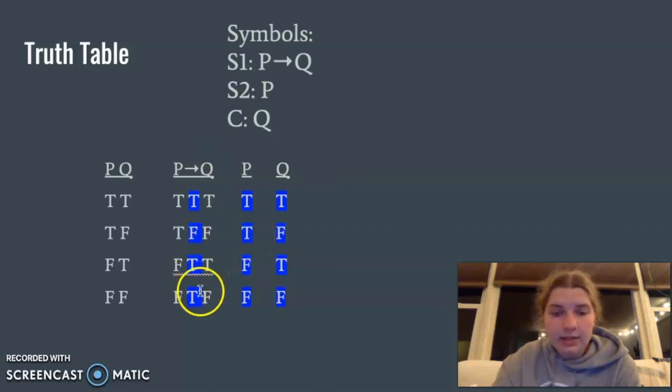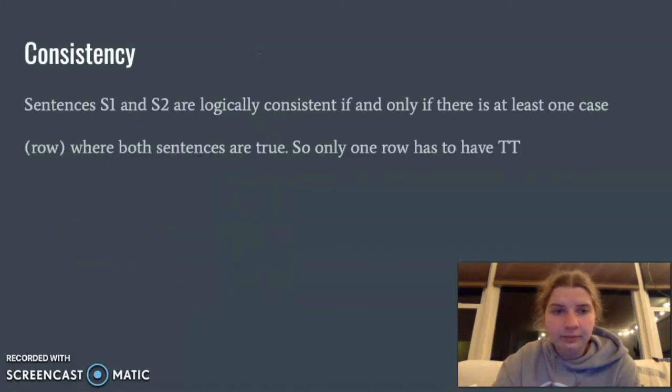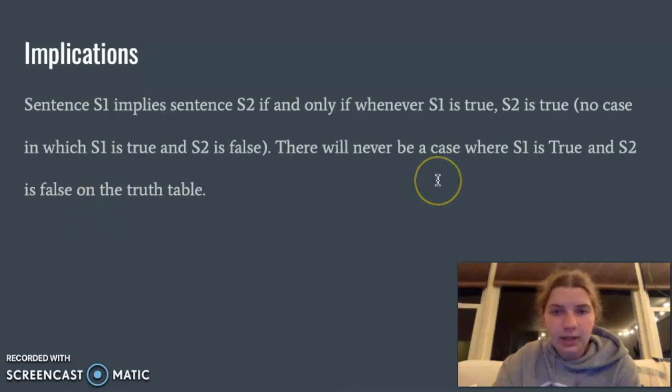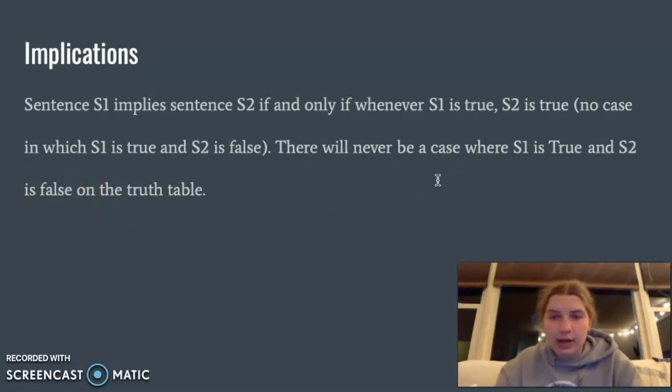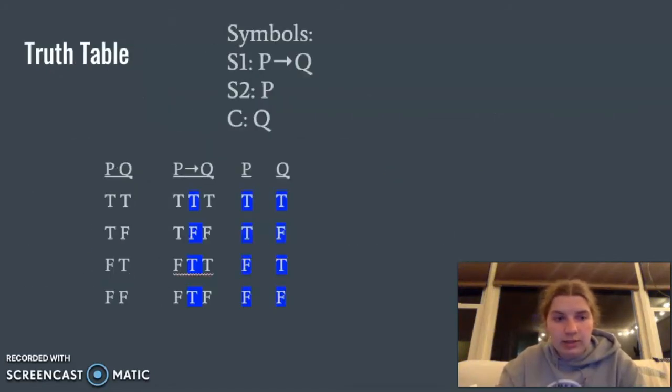But then we run into the issue where T and F. Once again, with implication, there's not going to be a situation where S2 is false when S1 is true. So this means that S1 does not imply S2 in row 3, but also in row 4.